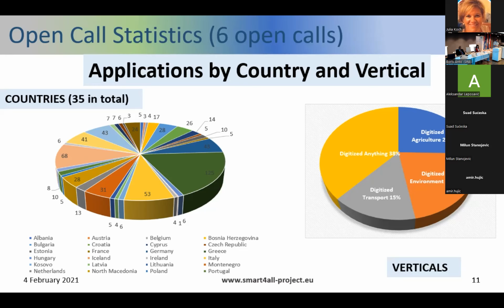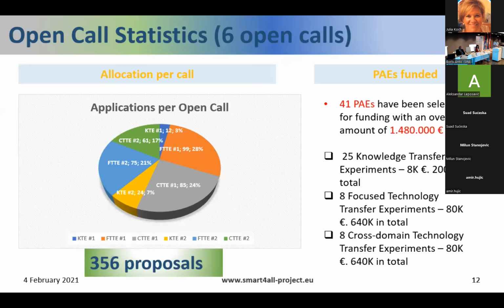And regarding the 4 verticals, the 4 pillars, I would say that interest is more or less balanced. Maybe digitized anything is slightly bigger in terms of applications, but it's reasonable, because applications that do not fall in the other areas or domains can be characterized as digitized anything. So it's something that more or less is expected.